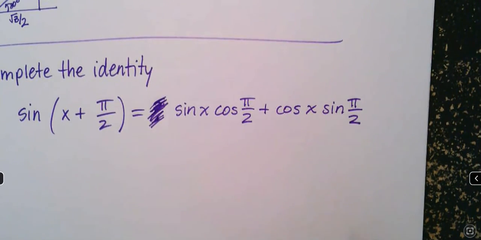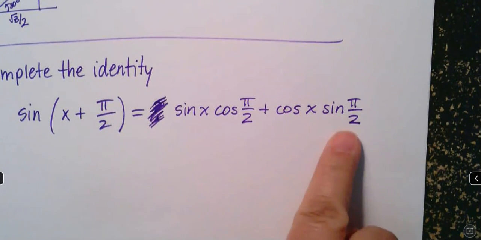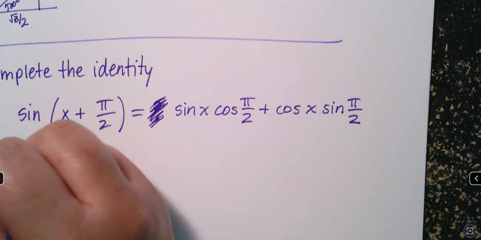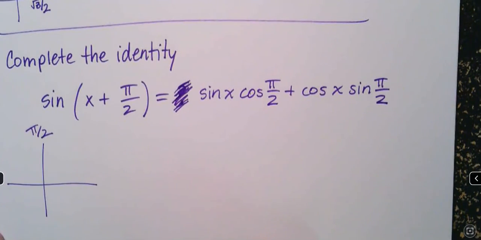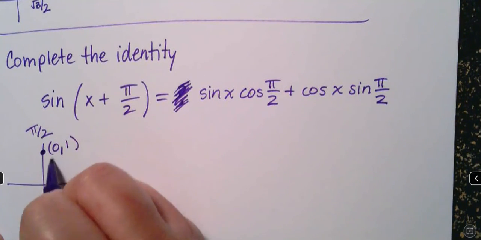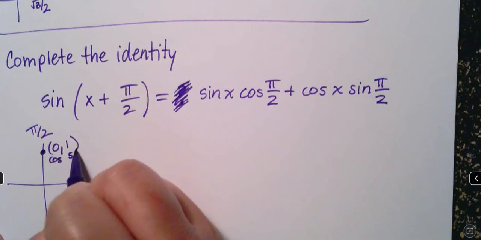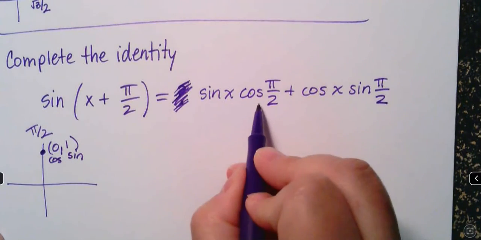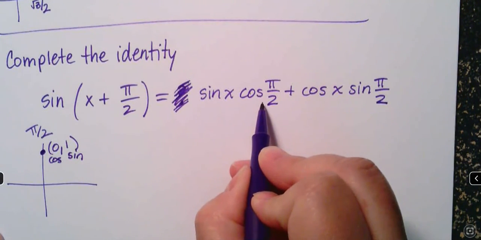And yes, I know the cosine of pi over 2, and I know the sine of pi over 2. Remember, pi over 2 on the unit circle is the same as 90 degrees. And my coordinates there are 0, 1. So here's the cosine, and here's the sine. So I'm going to go ahead and fill those in. The cosine of pi over 2 is 0.